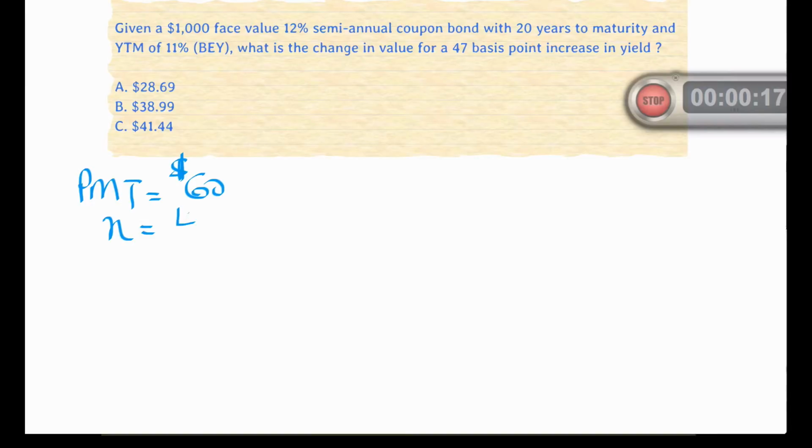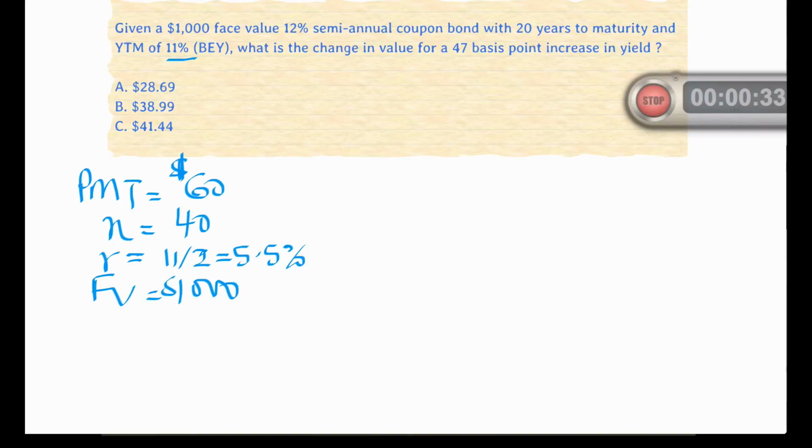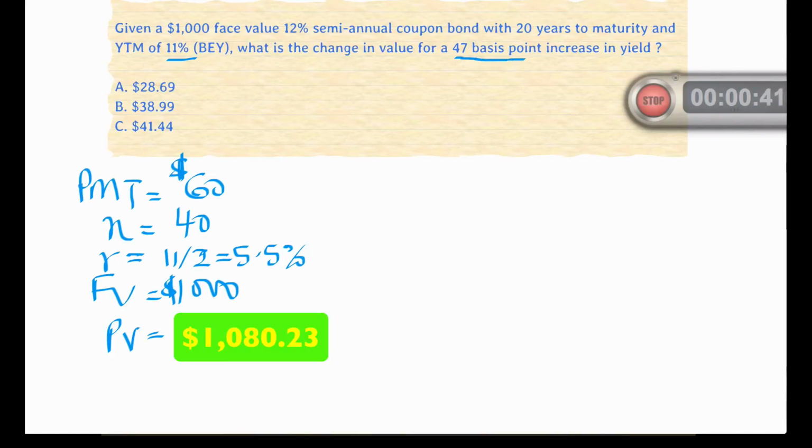Pretty straightforward question. We compute first the present value given the 11% bond equivalent yield rate. Then we bump up the yield to maturity by 47 basis points or 0.47%.